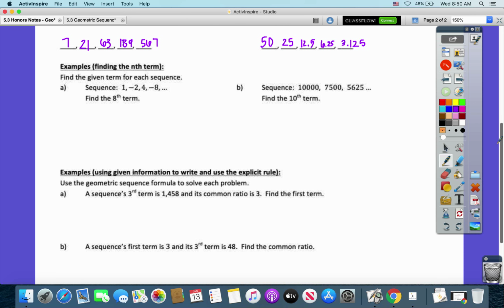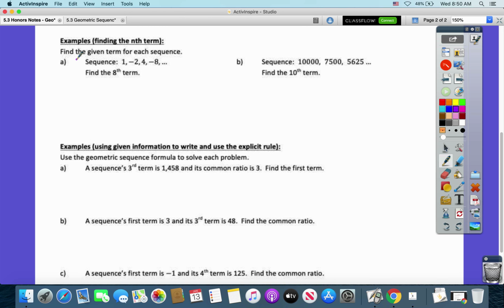In the next section, we have a given term that we need to find for each sequence. So to do this one, we could probably just continue the pattern. It looks like we go from 1 to -2 to 4 to -8. If we are switching between positive and negatives each time, that tells us our ratio must be negative. So we are multiplying by -2.